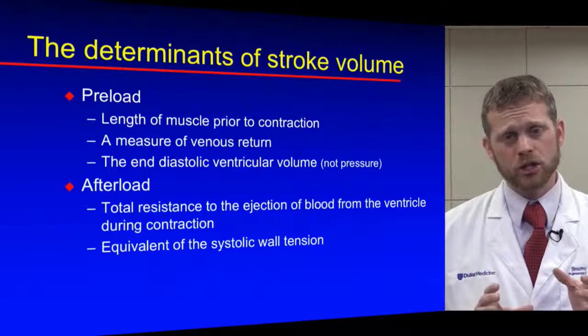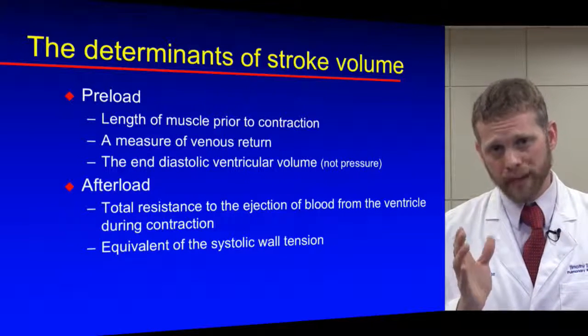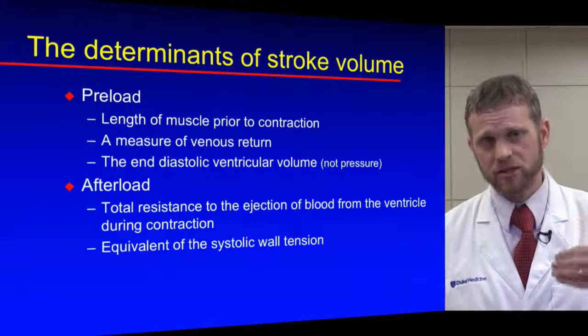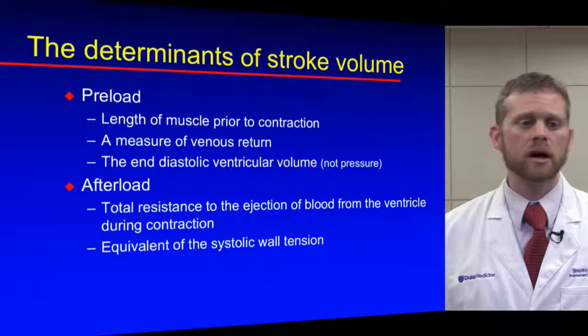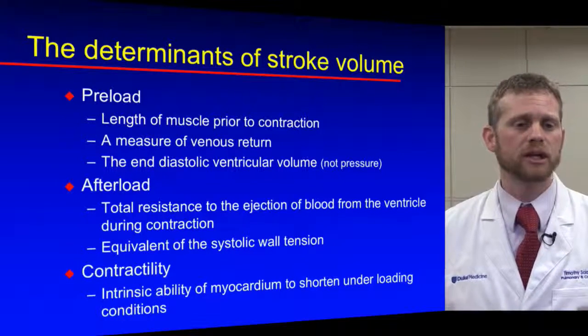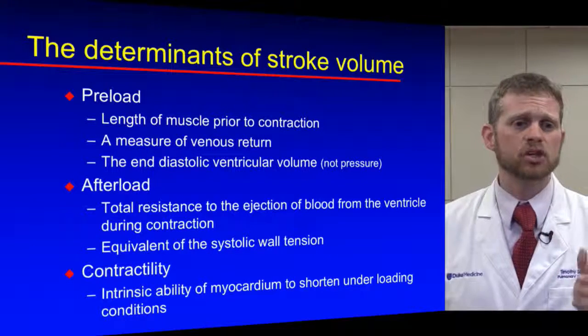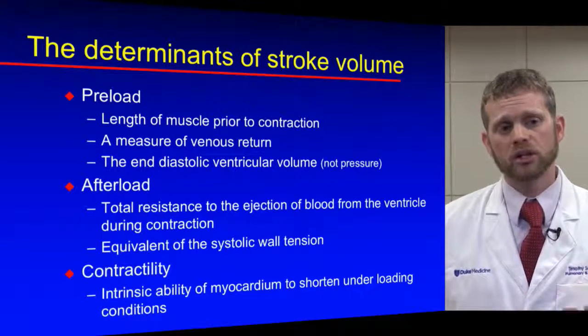PEEP, in patients who are not adequately fluid resuscitated, will also decrease preload by compressing the major great vessels as they return to the right side of the heart. Now, the next determinant of stroke volume is contractility, and that describes the intrinsic ability of the myocardium to shorten under loading conditions.